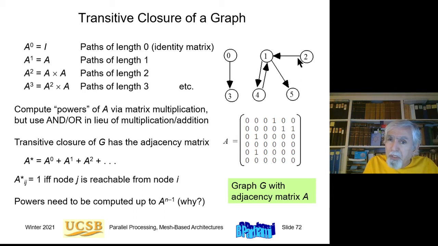For example, 2 is not connected to 4 through a link, but it is connected through a path of length 2. So in the transitive closure, row 2, column 4 should be equal to 1.